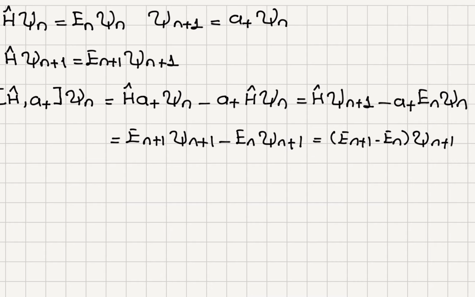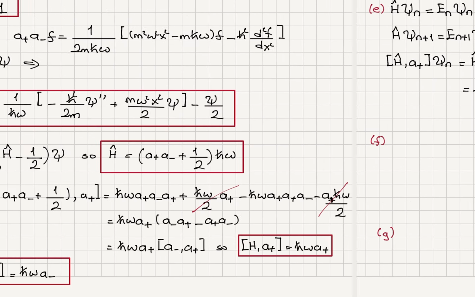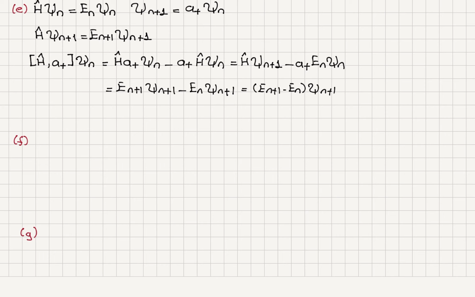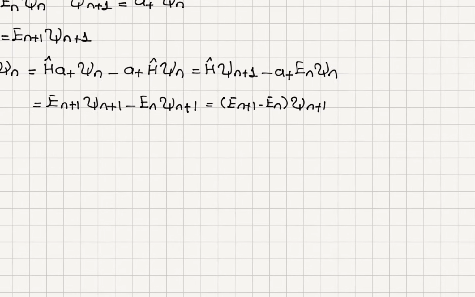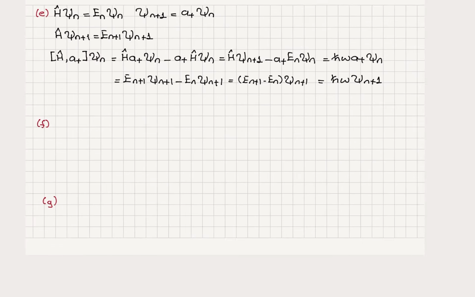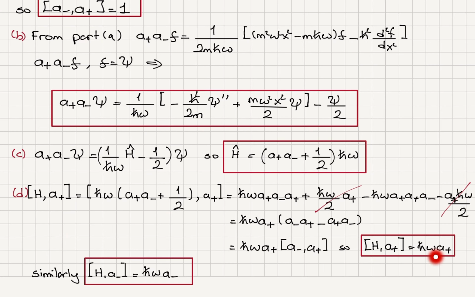Okay, now the Hamiltonian operator with A plus, this commutator, gives us h bar omega A plus. So this thing is also equal to h bar omega A plus applied to psi sub n, which is equal to h bar omega psi n plus 1, because we have shown that this commutator is equal to h bar omega A plus.